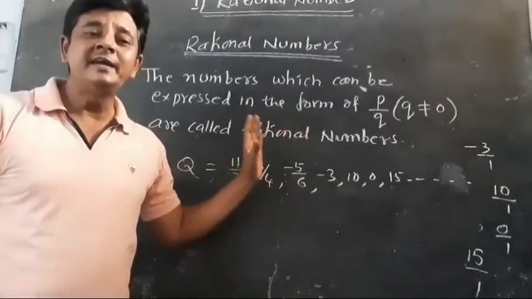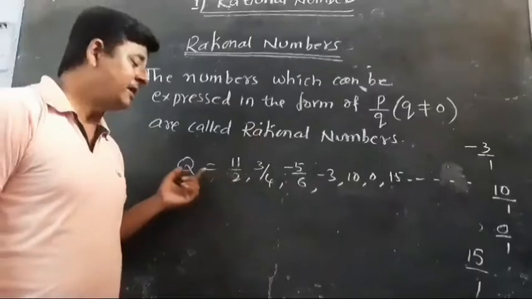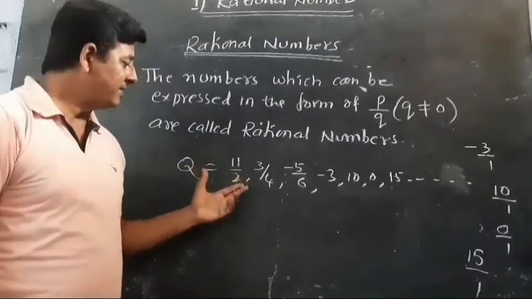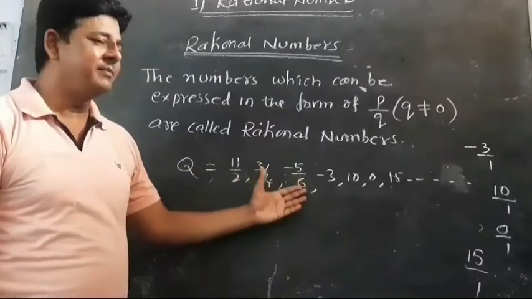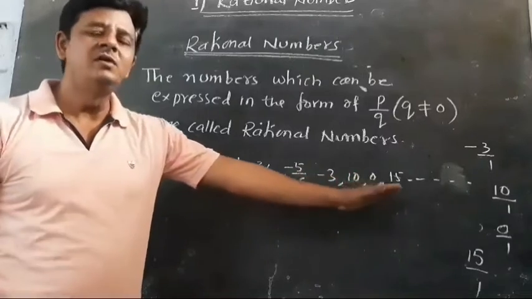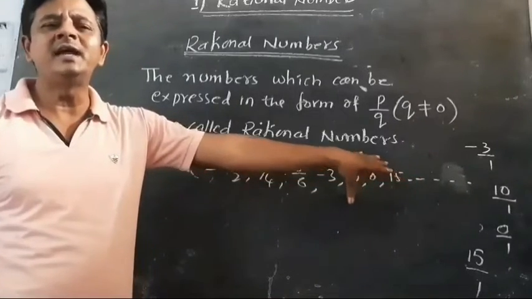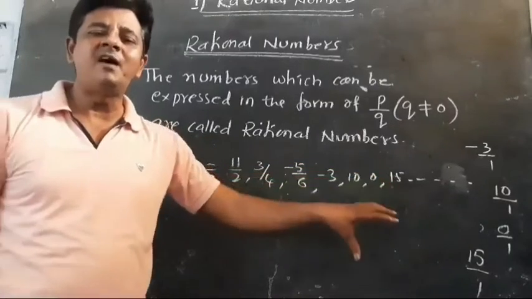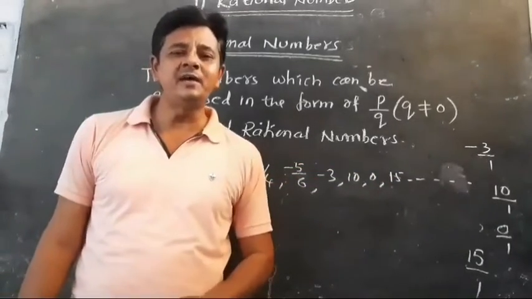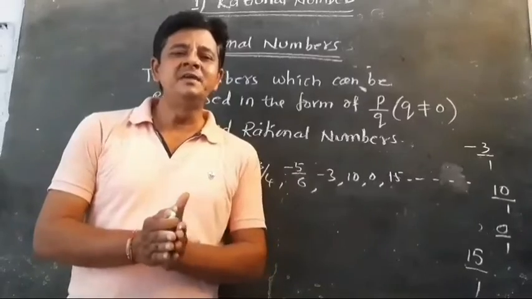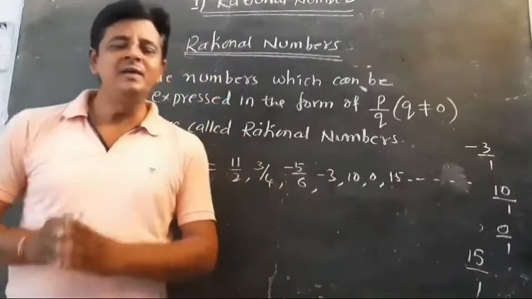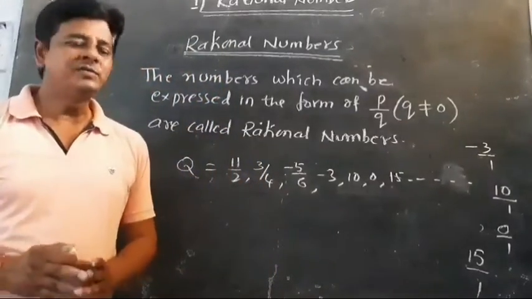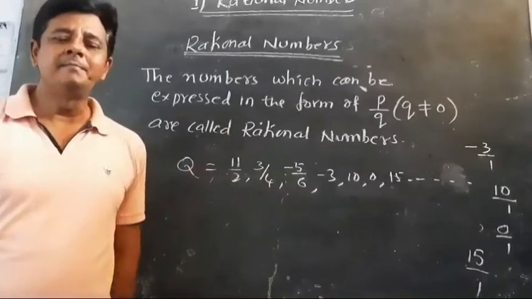Rational numbers are indicated by which letter? Capital Q. Q is equal to 11 by 2, 3 by 4, minus 5 by 6, minus 3, 10, 0, 15. As per your time, you can write any examples, but those numbers must be in the form of P by Q. Understand, all of you? Rational number means it should be in the form of P by Q. Those are perfectly rational numbers.